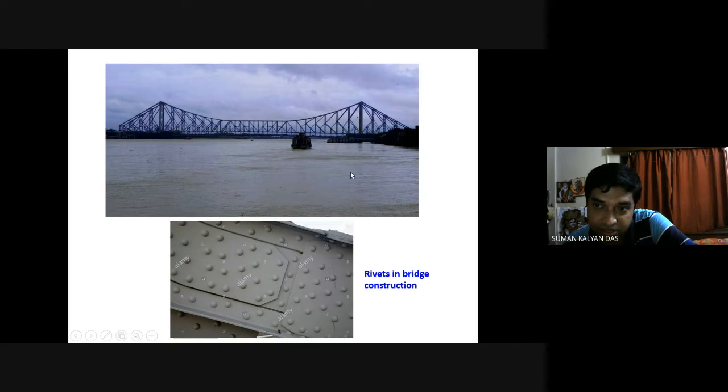The famous Howrah Bridge: all the joints in this bridge are riveted joints. None of them is a bolted joint. If you look closely at the bridge construction, the rivets look like this. Next time you pass under the Howrah Bridge, you can look at the joints and you will see these rivets.